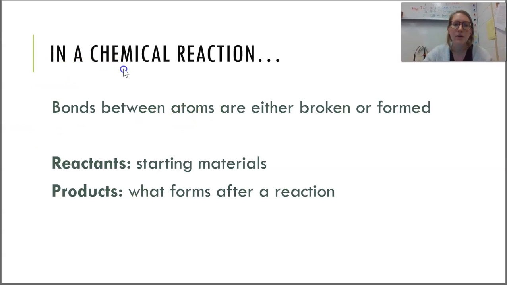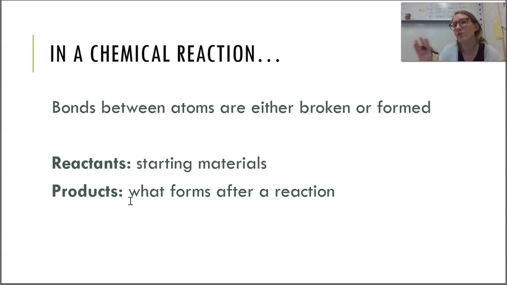All right, so let's talk very quickly about chemical reactions. Do you know what a chemical reaction is? It's when different compounds come together and either form a new type of molecule or compound, or they get broken up into different types. With a chemical reaction, you have reactants, which are the starting materials, and then you have the products, what forms after the reaction.